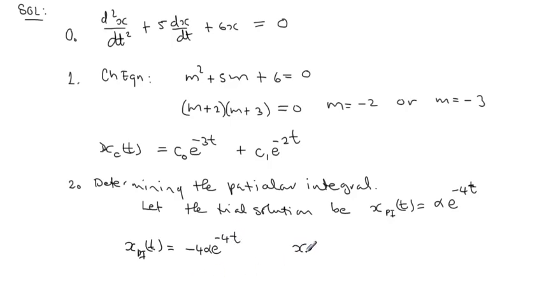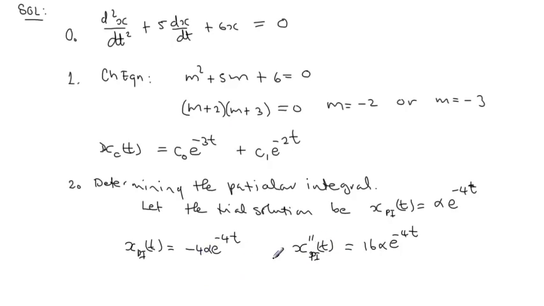And then the second derivative will be 16 alpha e to the power minus 4t. Now, since this is claimed to be a solution, it must satisfy the given equation.